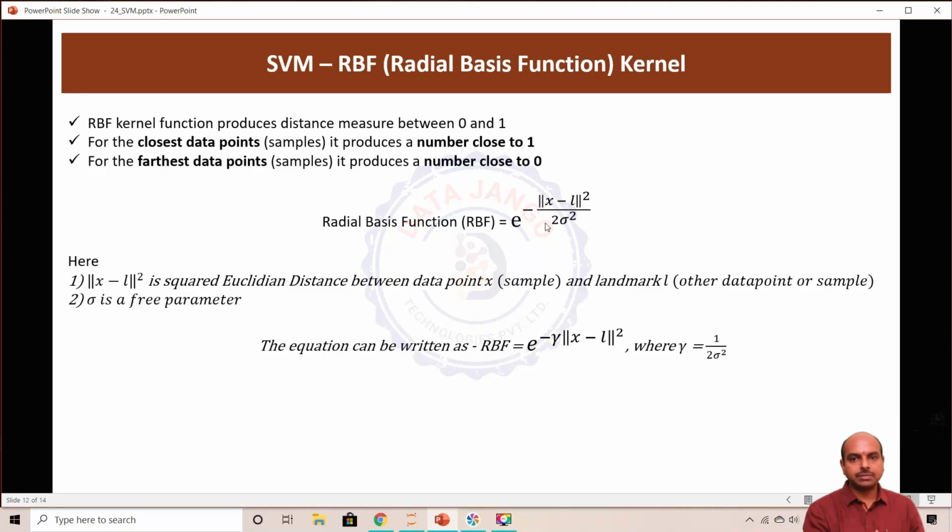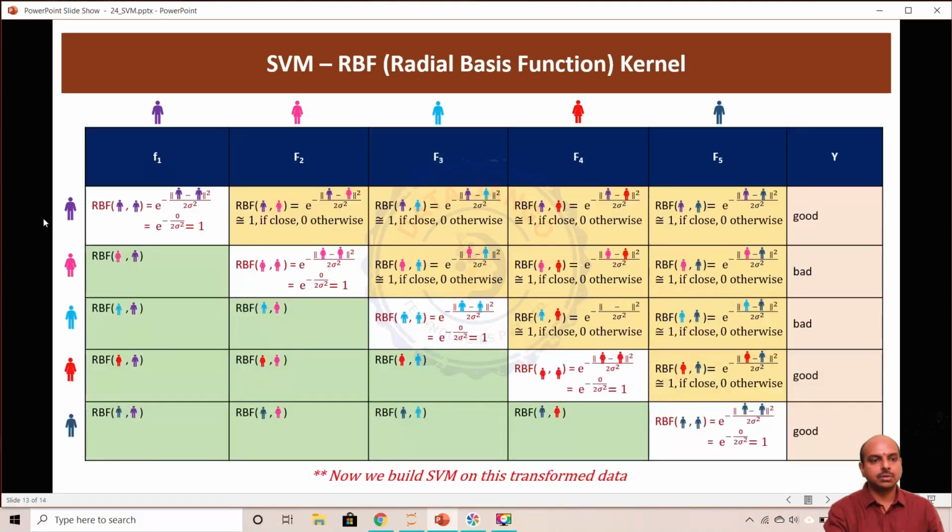So let us see how this formula calculates the distances between data points. These are the data points, and in the original data we have x1 to x million, n number of DNA sequences.